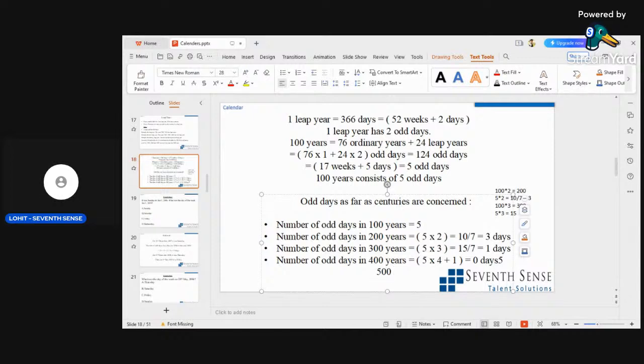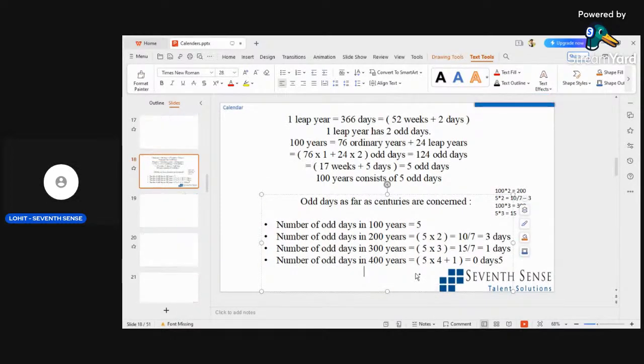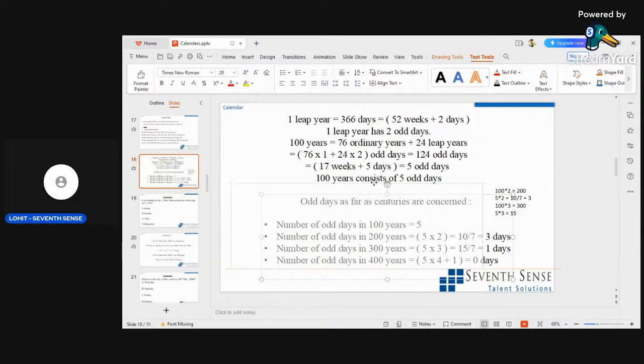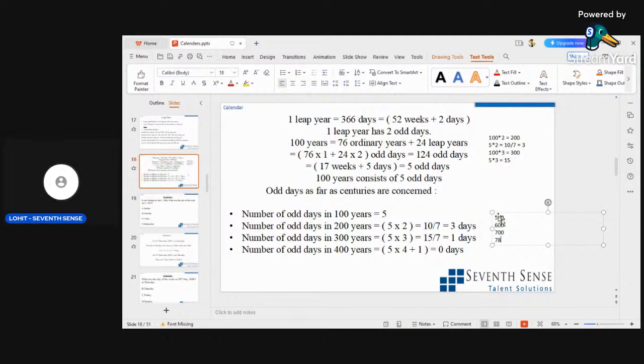500 will be equivalent to 100. Okay, that will be equal to 100. 600 will be equal to how much? 600 will be equivalent to 3. Okay, I will just write this down on a different sheet so it will not confuse you. 500, 600, 700, 800, 900.